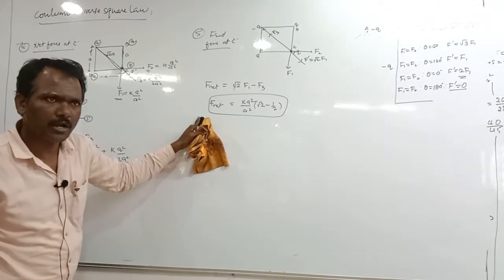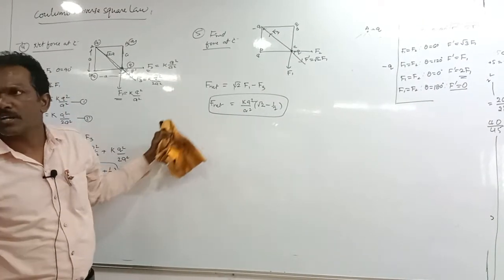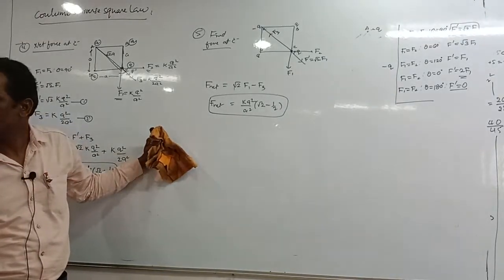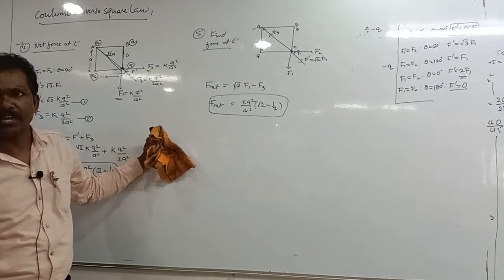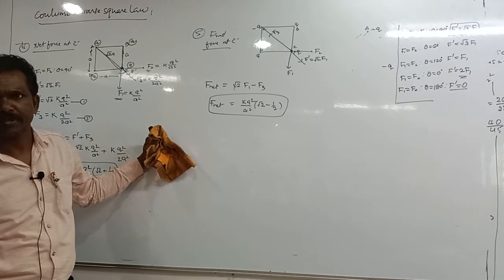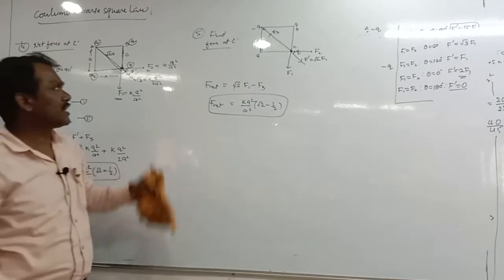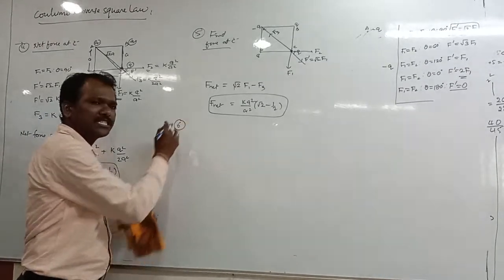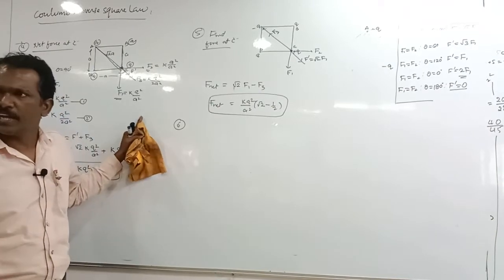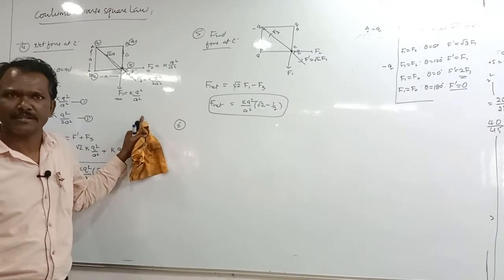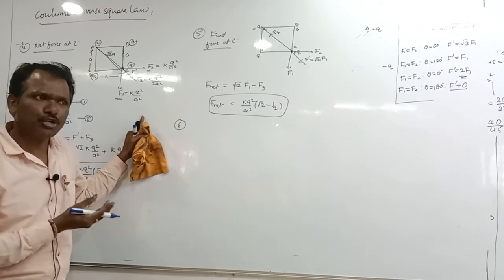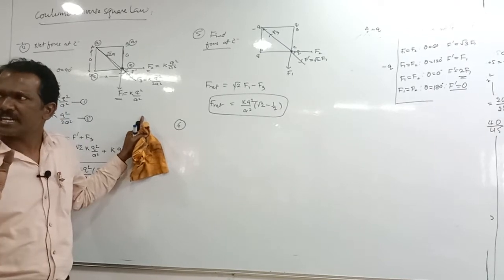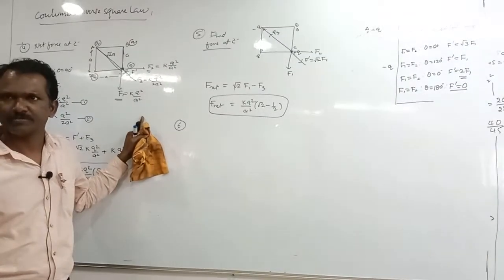Force on four corners of a square of side A, right? Charges are on four corners. Similarly, if identical charges are present, we are going to find the resultant force on the charge, right?